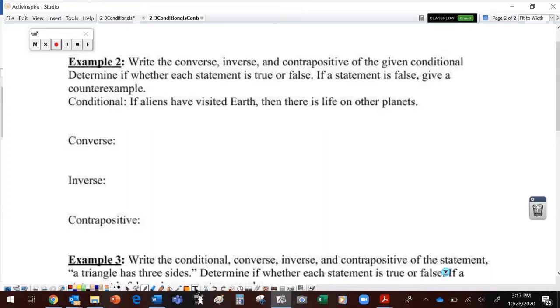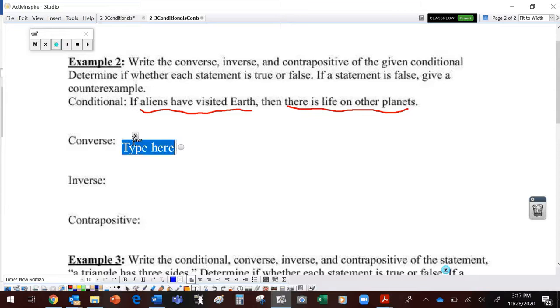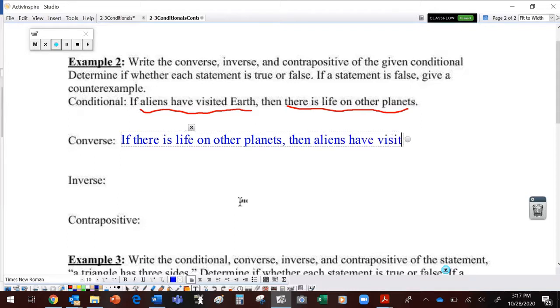Right here we have our hypothesis, and right here we have our conclusion. For the converse, we need to reverse those around. The converse would be: if there is life on other planets, then aliens have visited Earth.